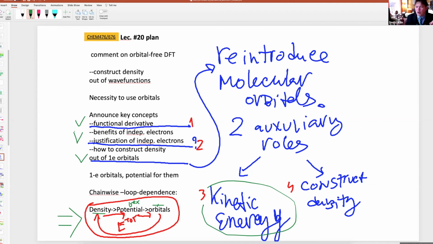If we know orbitals, we can take the second derivative over space, the kinetic energy operator, and in a very traditional way find the kinetic energy. So the reason to use orbitals is not because they look nice and chemists like molecular orbitals, but because computation of kinetic energy is very efficient in terms of orbitals.